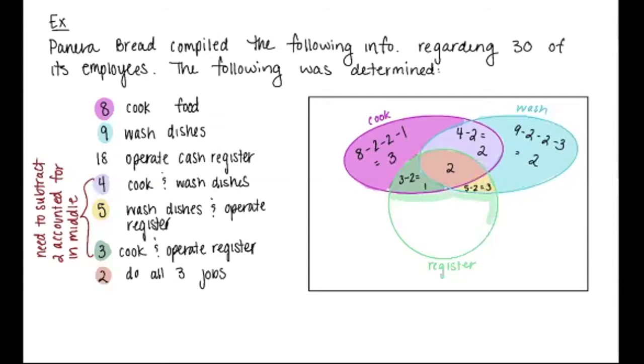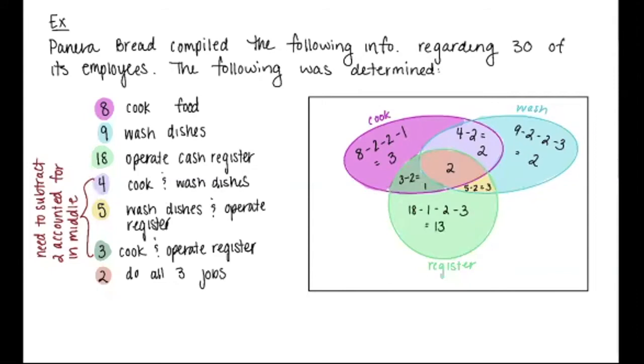And then finally, for our register, there are 18 people in total, so that's the entire circle. So from 18, we got to take away the 1, 2, and 3 that are already used up. There are 13 people on the register.